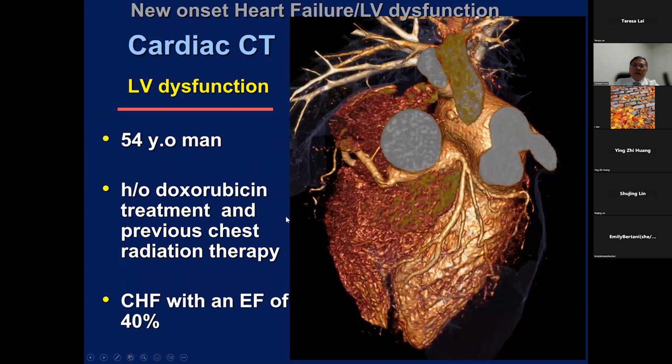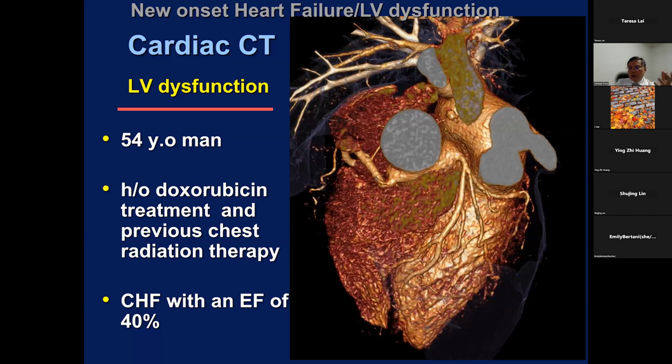And this is a patient with new onset LV dysfunction, and the echo showed an EF of only 40%, normal being 55 and above. And when we did a coronary CTA, it turned out to be completely normal. And on further questioning, the patient had previous doxorubicin treatment and chest radiation therapy for lymphoma.